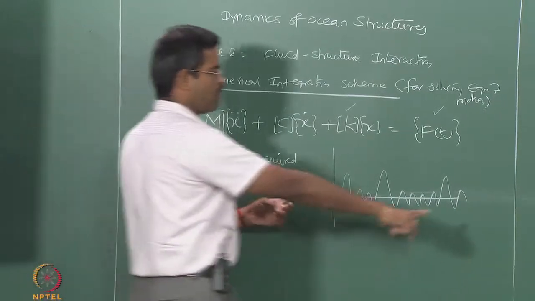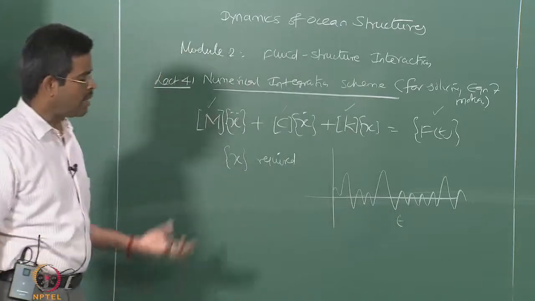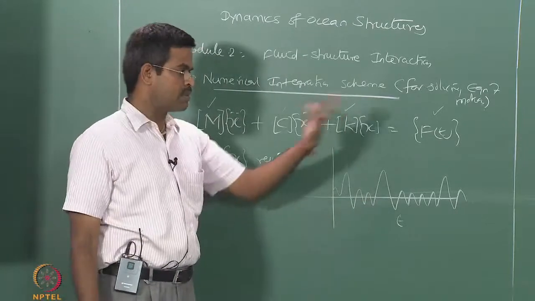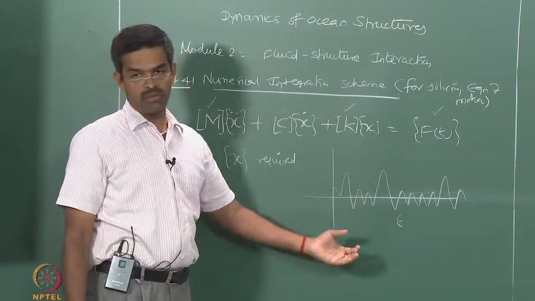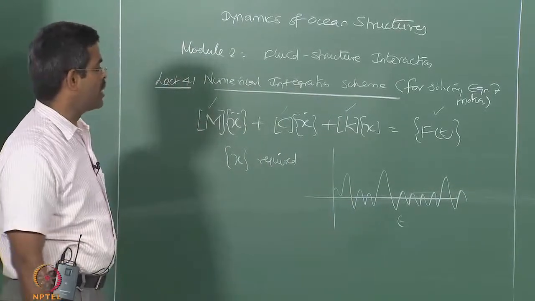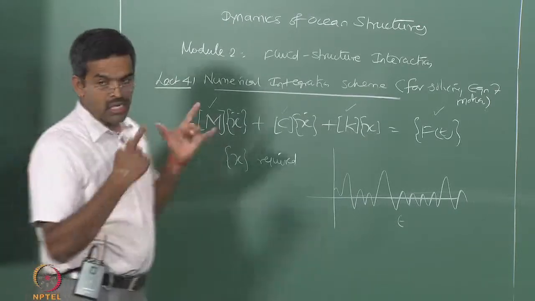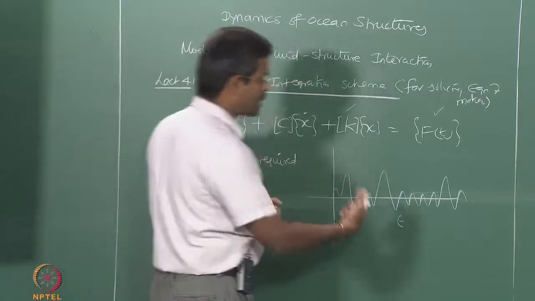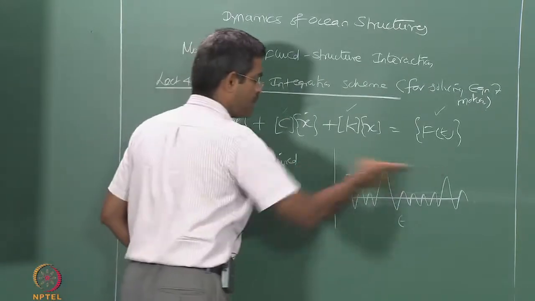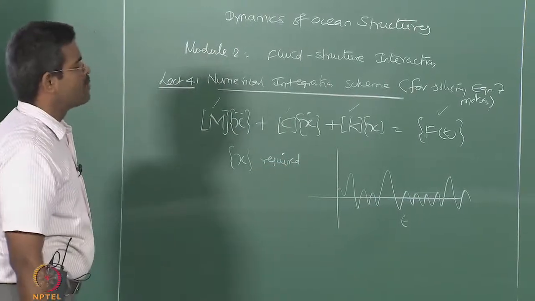Once I have this, I can always transform it to the frequency domain and find out the frequency content. In the last presentations we saw the results in both the time domain and frequency domain. One can easily convert either way, because the frequency response will give you the energy content at specific frequencies, whereas the time domain response will give you the amplitude in terms of the maximum value. So one can have both for better understanding.